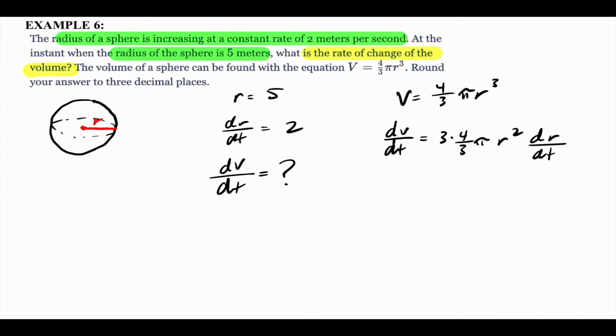But don't forget about dr/dt, because it's with respect to time. So the 3's just cancel out to 1's. So I have dV/dt equals 4 times pi times r squared times dr/dt.